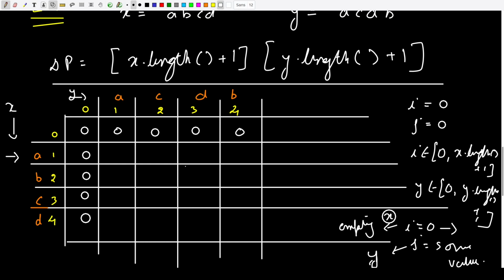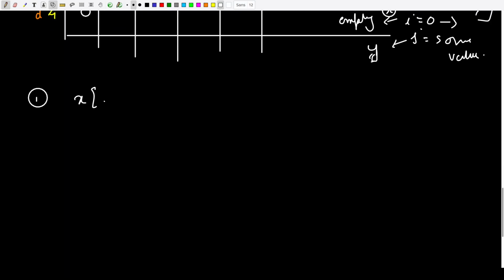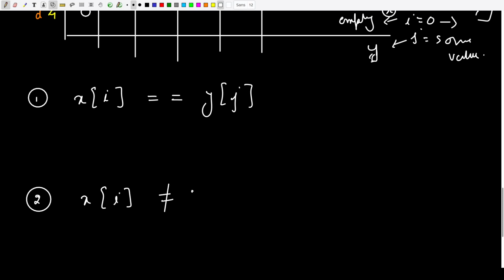Now once we have this, let us proceed with i equal to 1 and j equal to 1. What we are going to do is compare the ith character of x and the jth character of y. When we compare them, there are two possible conditions: x[i] is equal to y[j], and x[i] is not equal to y[j].